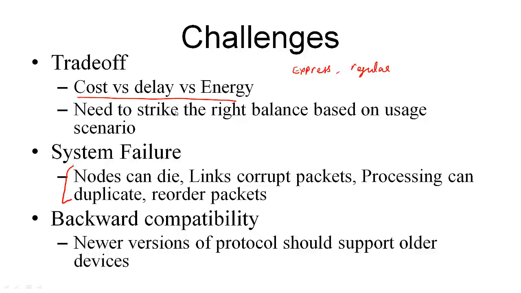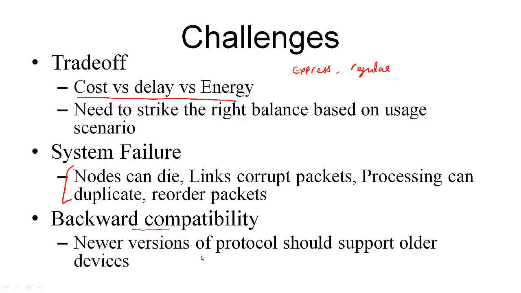Now you designed a protocol and everything is working fine, but over time the host may become much faster, the links will become faster, and then you see that you need to revise your protocol. But once you come up with a new version of the protocol, there will still be people who are using the older models, in which case your version of the protocol should be backward compatible to them.